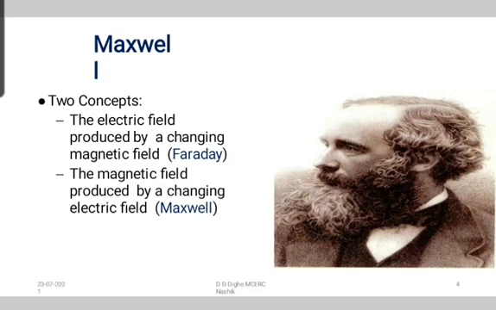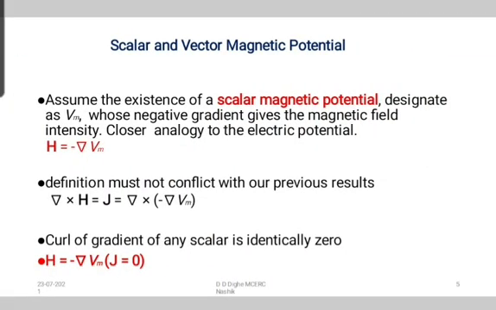Now, what is the scalar and vector magnetic potential?